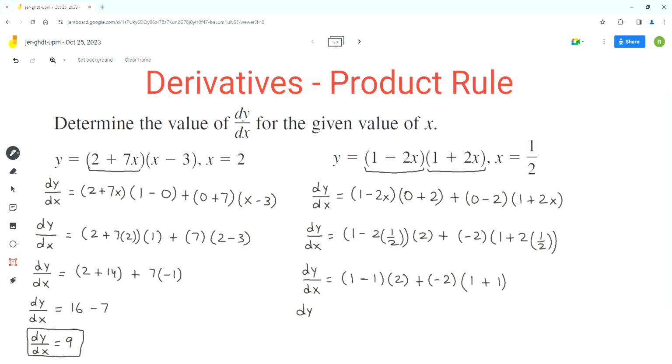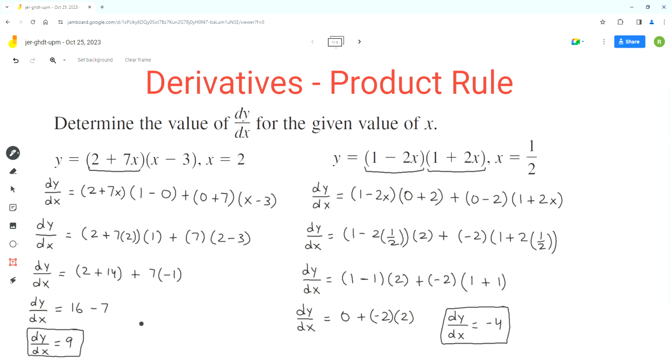Now in the first parentheses, 1 minus 1 is equal to 0. So 0 times 2 will be equal to 0 plus negative 2 times 2. So 0 will go away. So we'll be left with just dy over dx equals negative 4. So this should be the final answer for the second function.